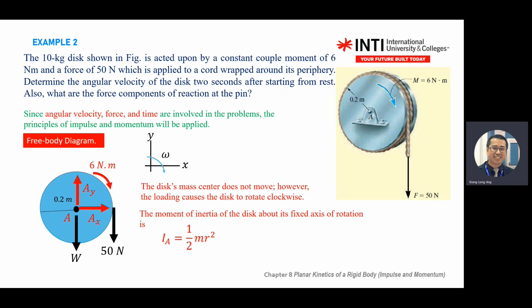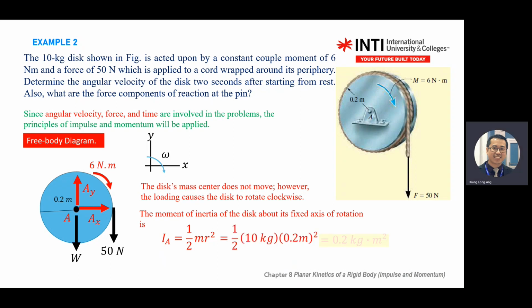So you start to calculate the moment of inertia at A. This one you can refer to the table. A is your O or your G in the table, so you will see half ml squared or mr squared, and you just copy.